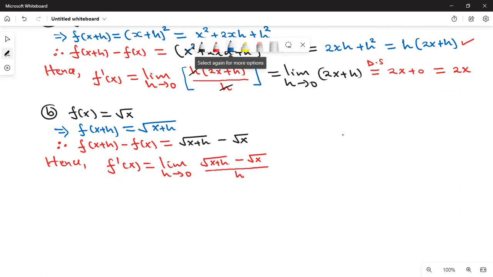That is when you use the first principle. So that's limit as h approaches 0.